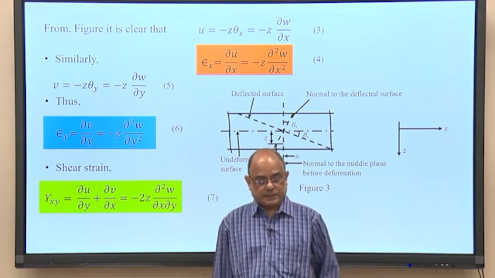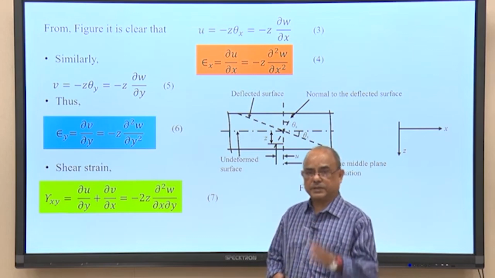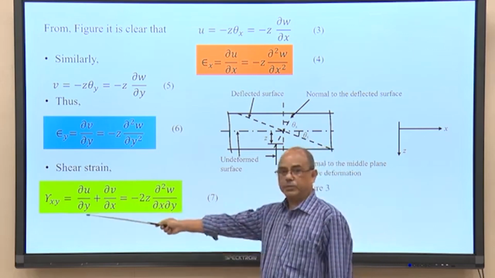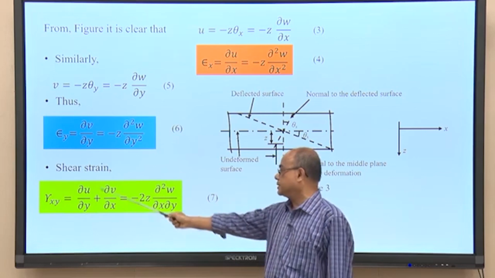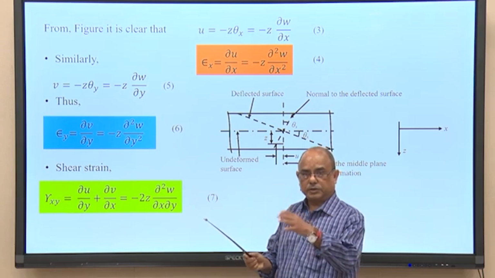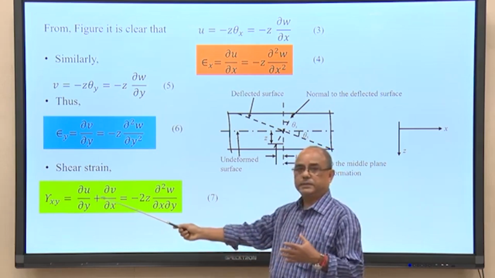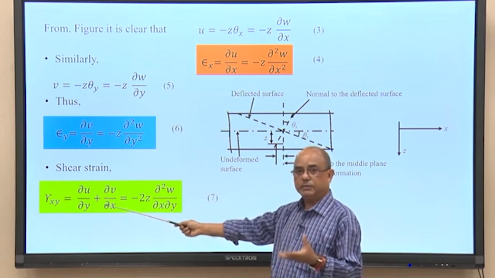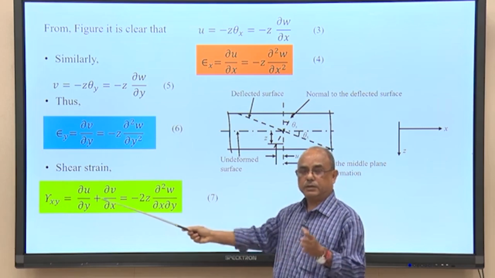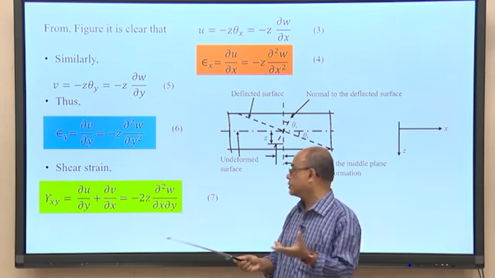Now, shear strain is given by the expression that we developed in the first class on the fundamentals of elasticity, that is del u by del y plus del v by del x, which gives the two angles because of deformation of the plane surface. The angle is nothing but a tangent of the angle, but because of small deflection we have taken tan theta equal to theta.